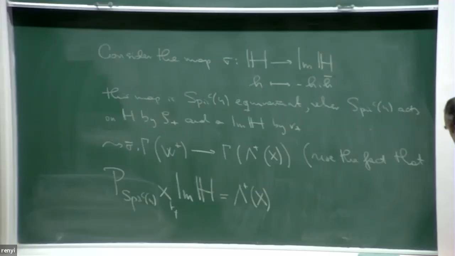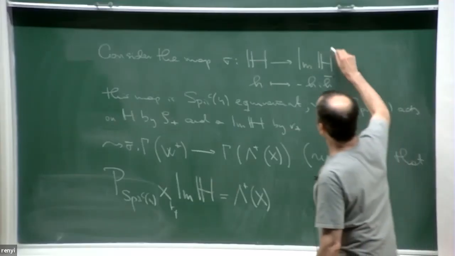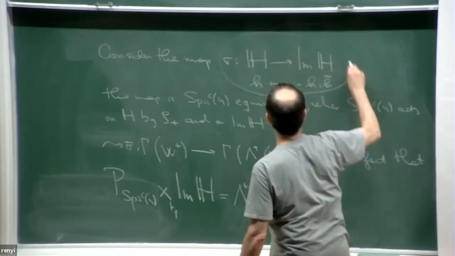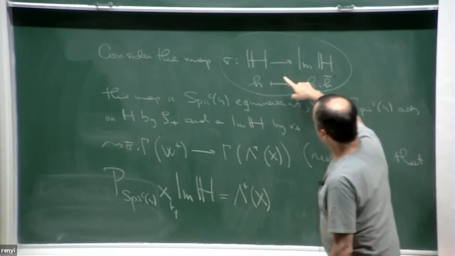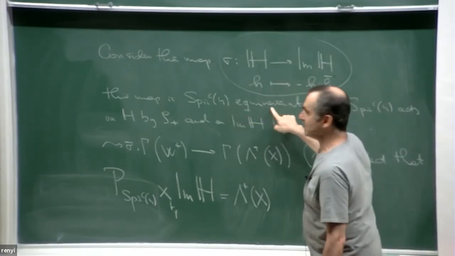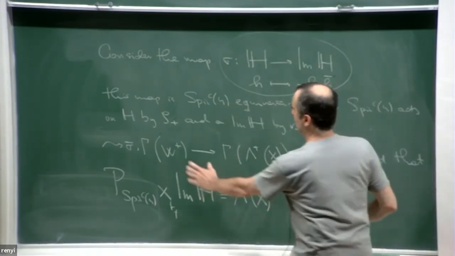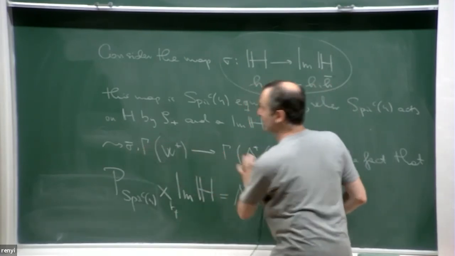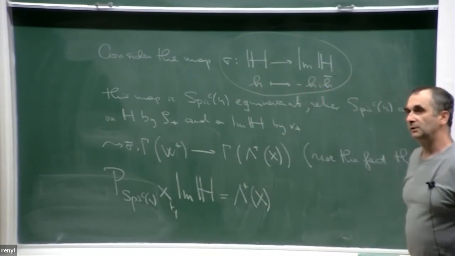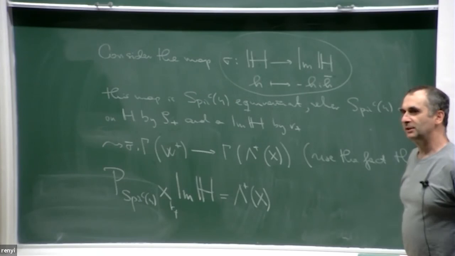Yes, so this is the definition of sigma. This is just on the fibers, and then whenever this is a Spin^c equivariant map, then it induces a map between the bundles and therefore between the sections of the bundles. Maybe I squashed two steps into one.